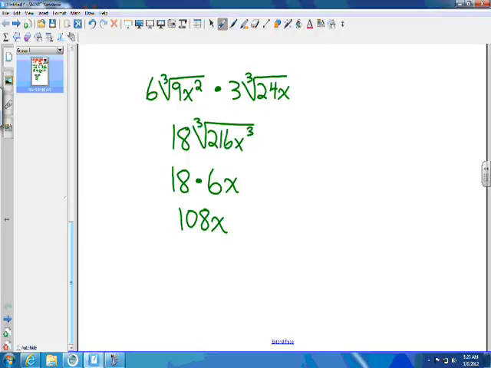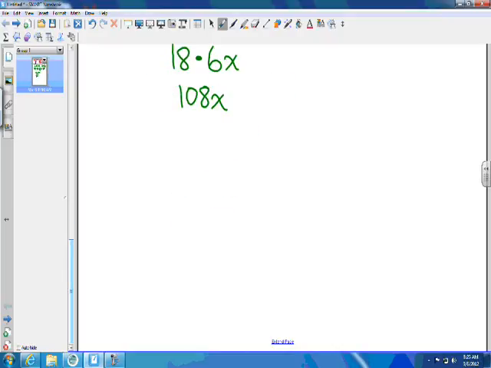Let's do one more of those. 5 fourth roots of 24x to the third times 4 fourth roots of 54x.